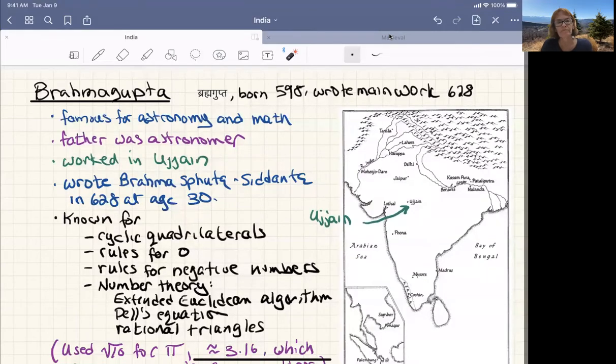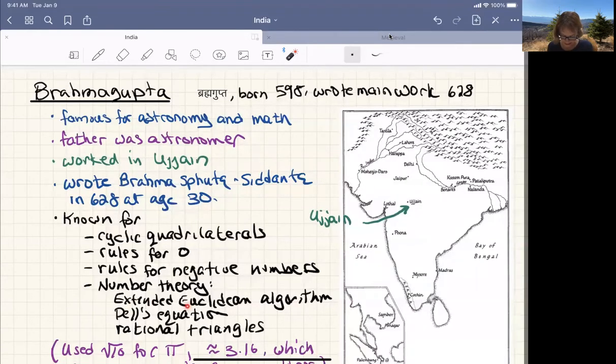Remember that many earlier civilizations didn't even have the concept of zero, much less rules for zero. He also has rules for working with negative numbers, and even some things that today we would call number theory, so ideas that you might see, for example, in a number theory class.